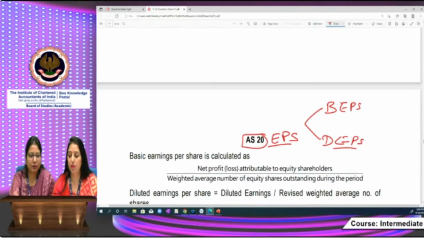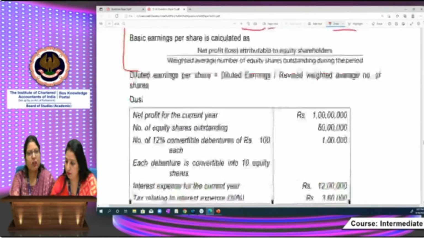What is the basic earning per share? Basic earning per share means that on each share, how much profit is attributable to the equity shareholders. So the simple formula of the basic earning per share is the net profit available to the equity shareholders, divided by the weighted average number of equity shares outstanding during the period. You can check the formula.